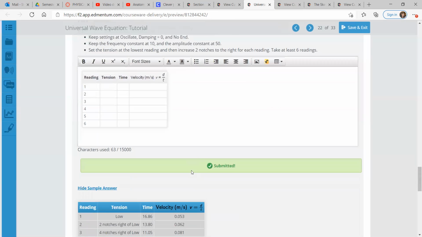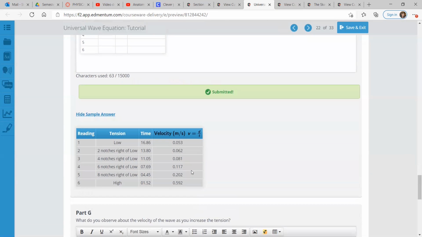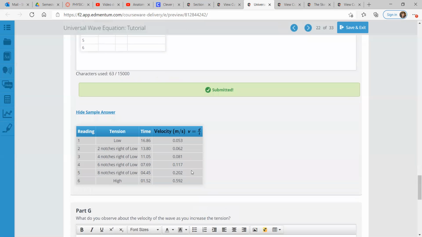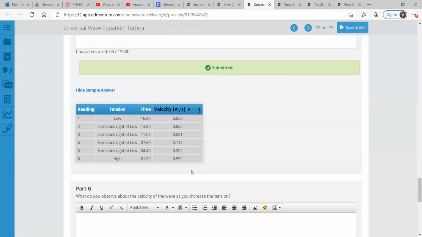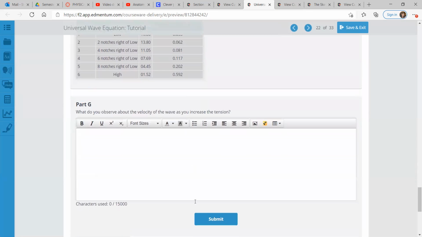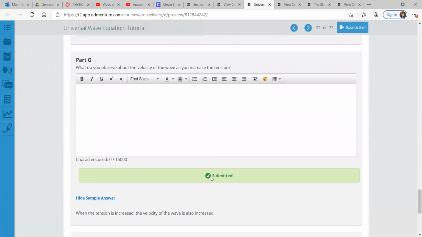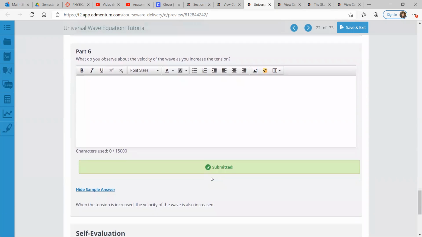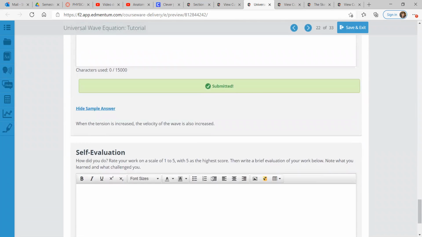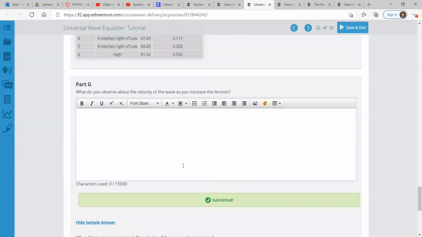And then it tests tension. When the tension is increased, the velocity of the wave is also increased. So really that's the only one that we've seen have any association with wave speed.